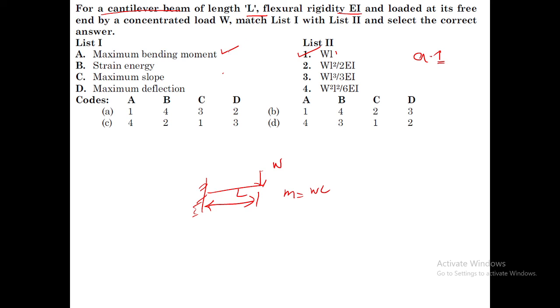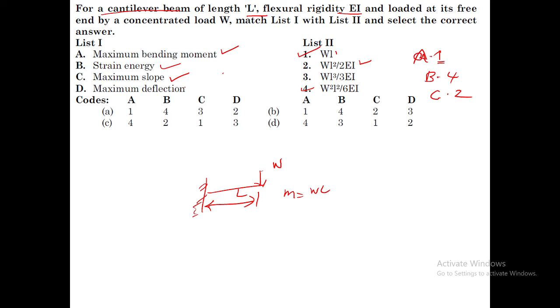Next, the strain energy is the second one, so B is 4. C, the maximum slope of the cantilever beam, is W L squared by 2 EI, so C is 2.